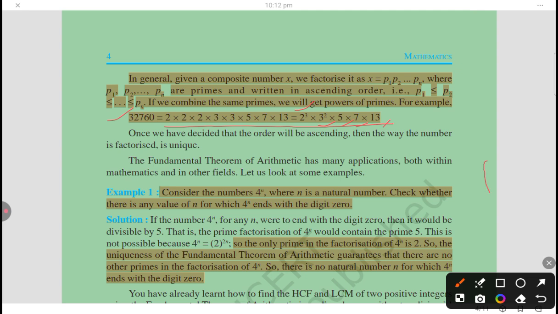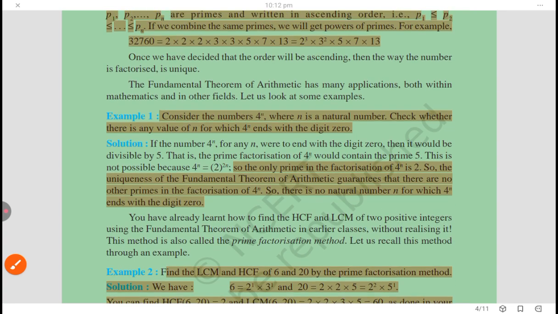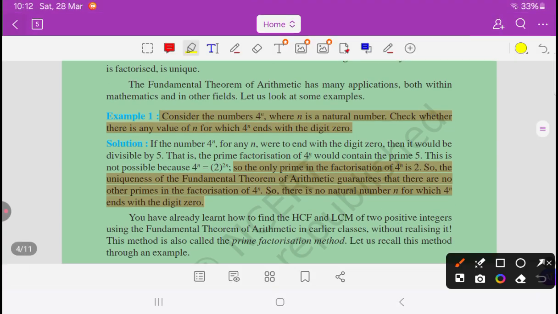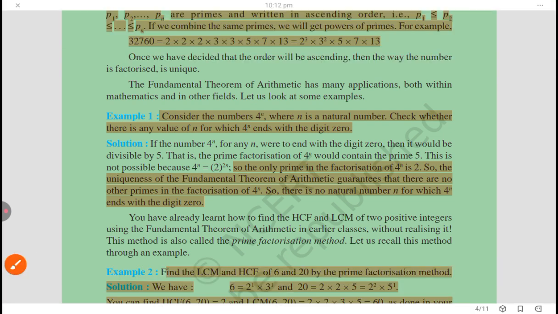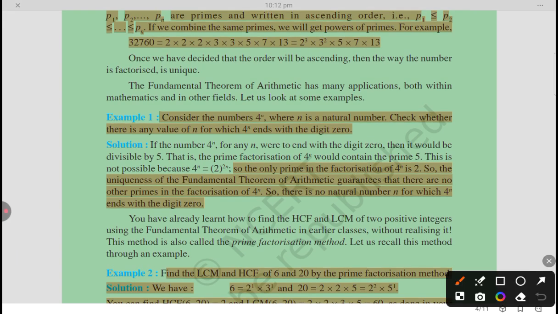Here is one more example. Example 1. Consider the number 4 power n, where n is a natural number.